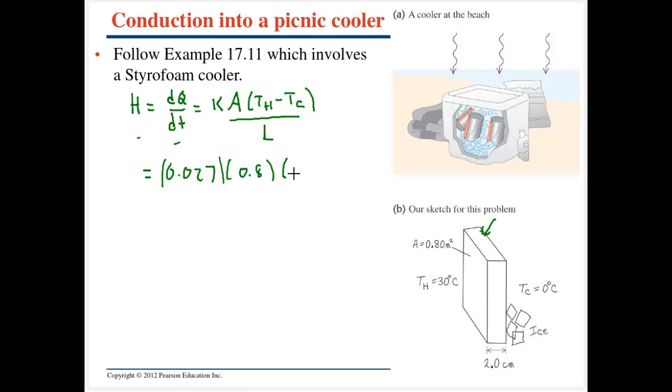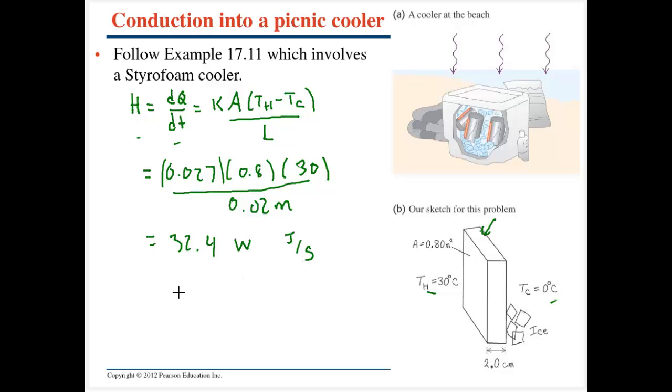The temperature difference is going to be 30 minus 0, so 30 degrees Celsius, also 30 Kelvin. And then the thickness is going to be 0.02 meters. And I can calculate my heat flow to be 32.4. It's going to be a joule per second, so a watt.